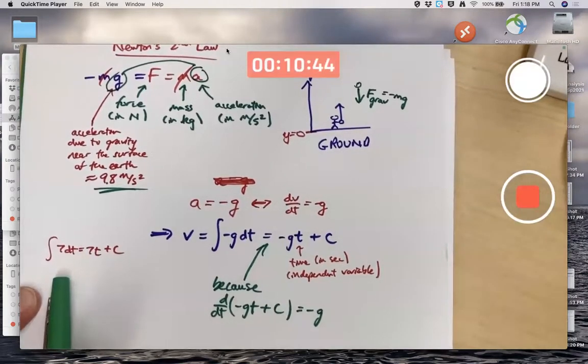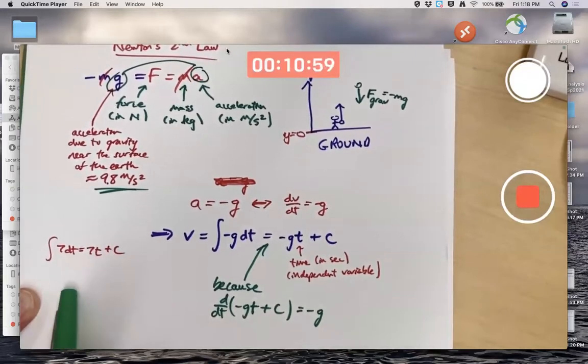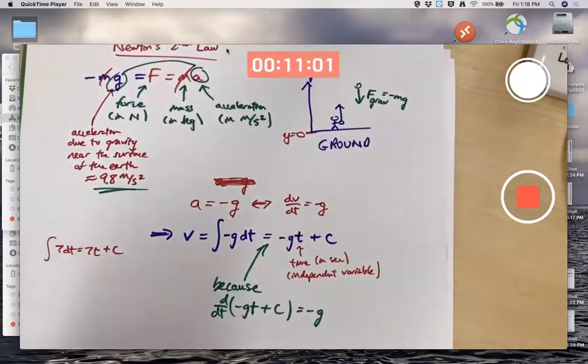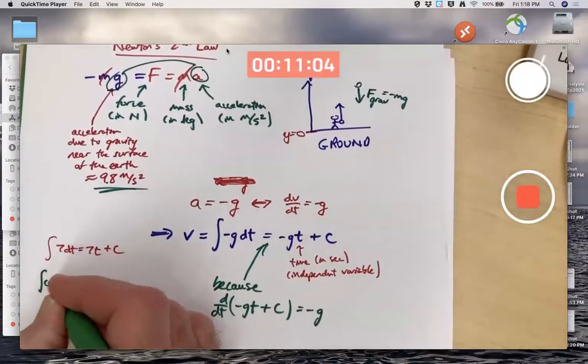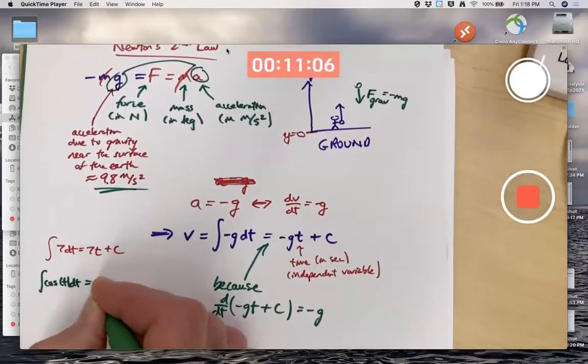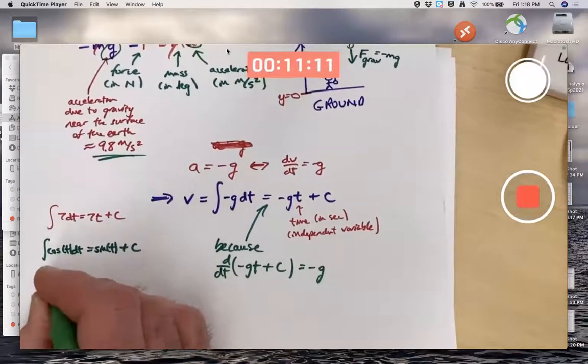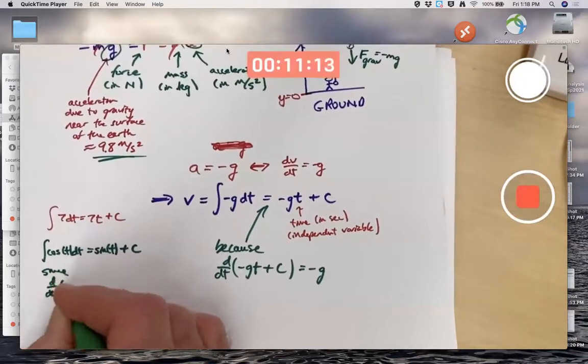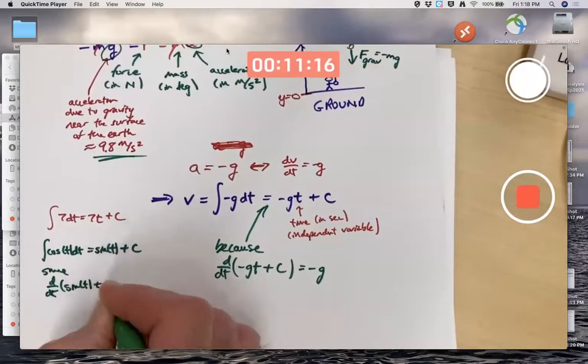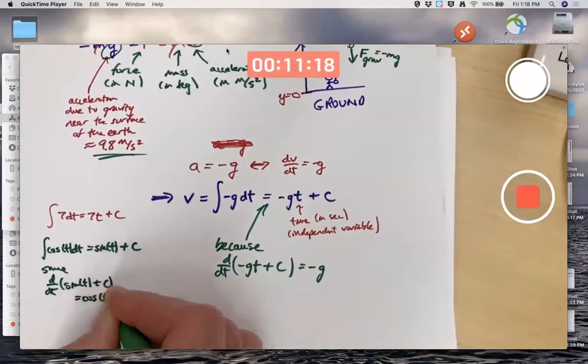And even though I haven't assigned homework problems with this symbol, I have talked about it. A couple weeks ago I talked about it, and I'm talking about it again now. I want you to know the basics of what this symbolism means. As another example, the indefinite integral of cosine of t dt is sine of t plus c, since the derivative of sine of t plus c is cosine of t, the function right there.